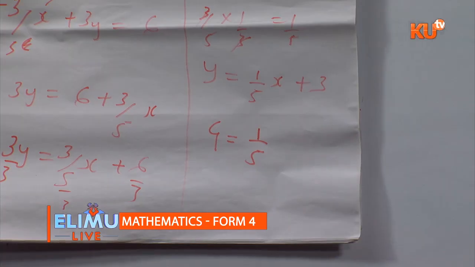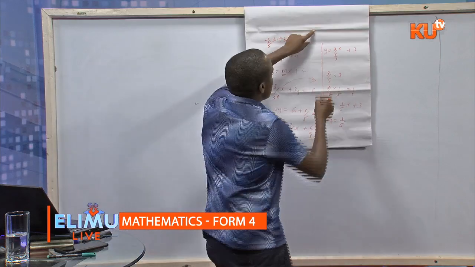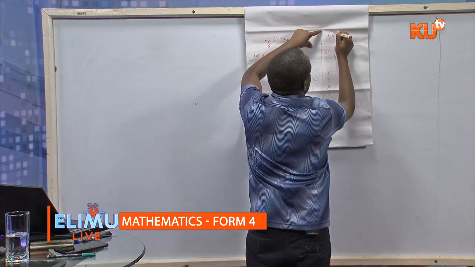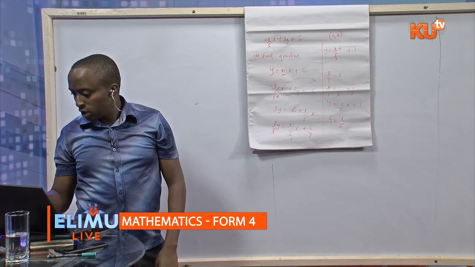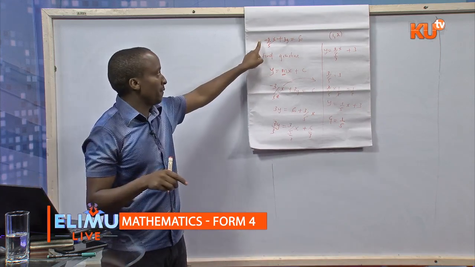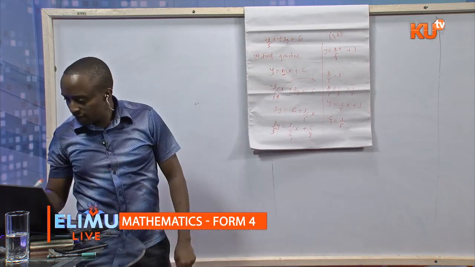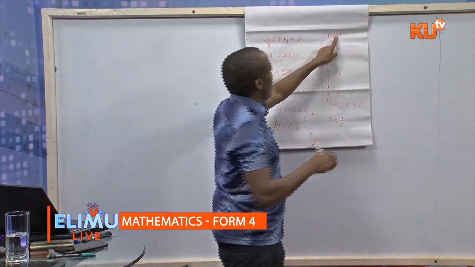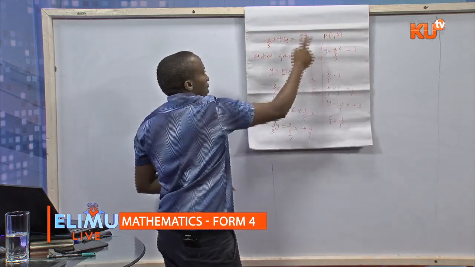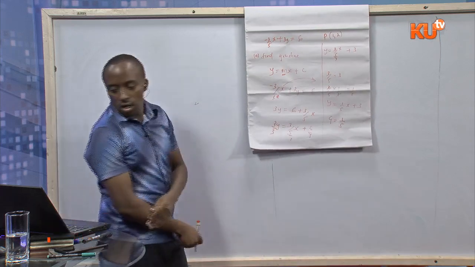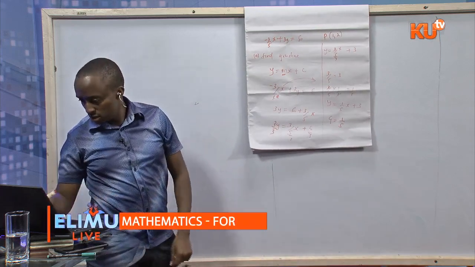Then the second question: the equation of a line passes through the point 1, 2 and is perpendicular to the line given. So find the equation of this line, line P, that meets the given one at 90 degrees.